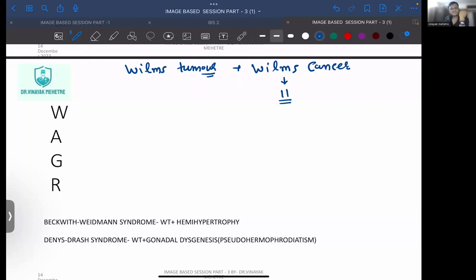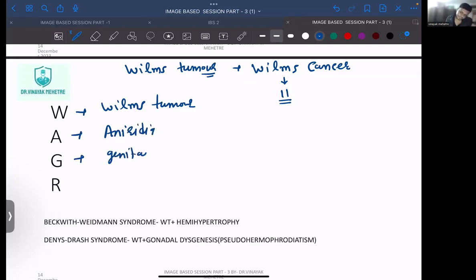Wilms tumor is associated with what? It is associated with WAGR syndrome, right? What all happens in WAGR? Wilms tumor, aniridia. G stands for what? What do you think?